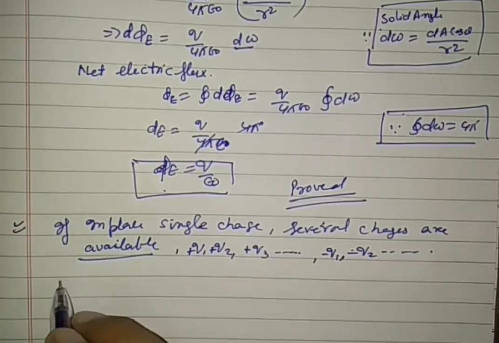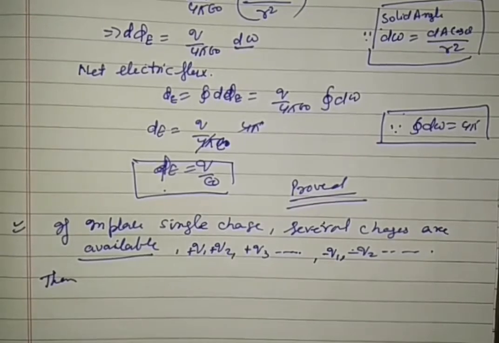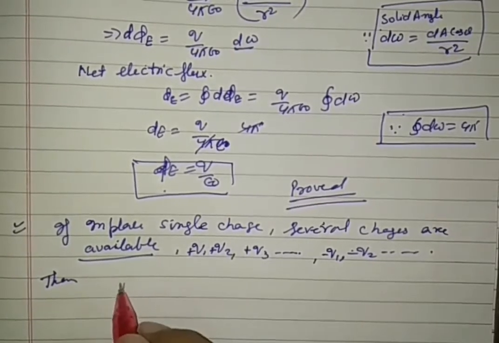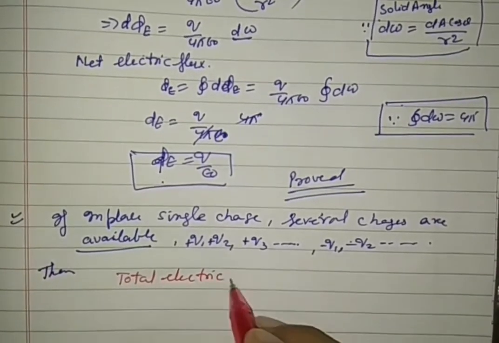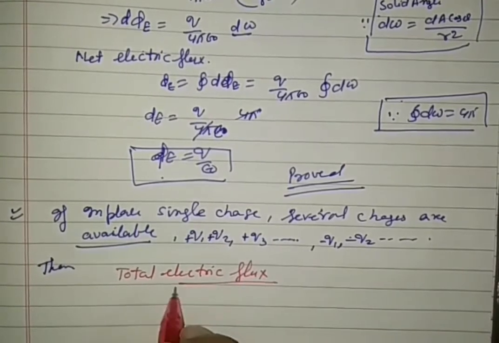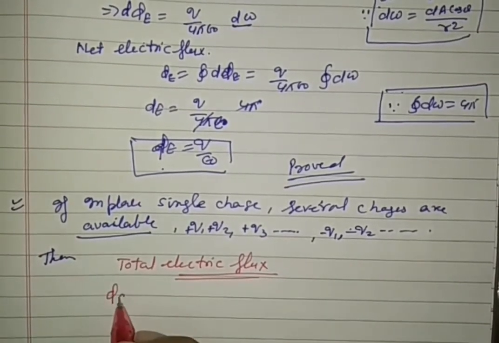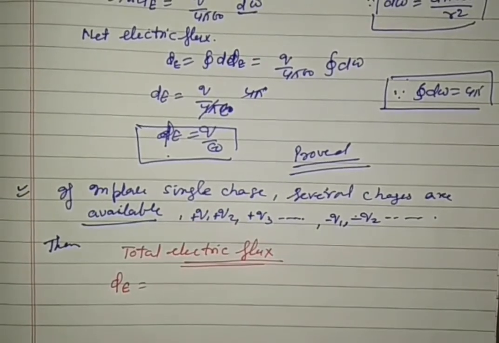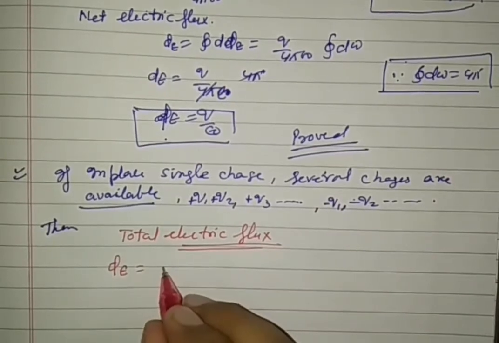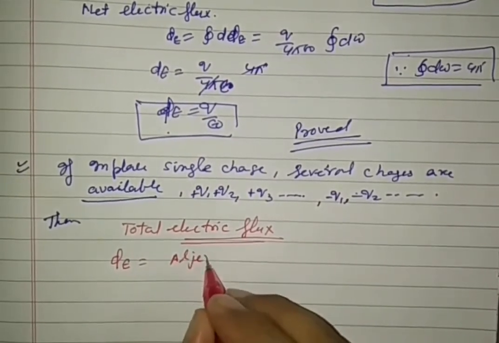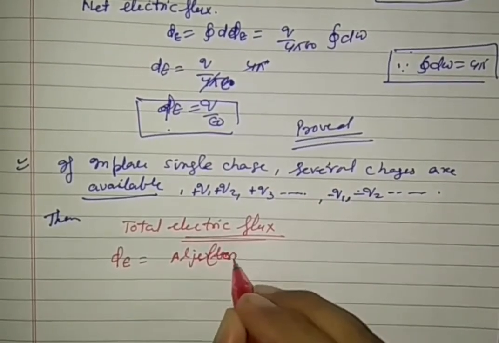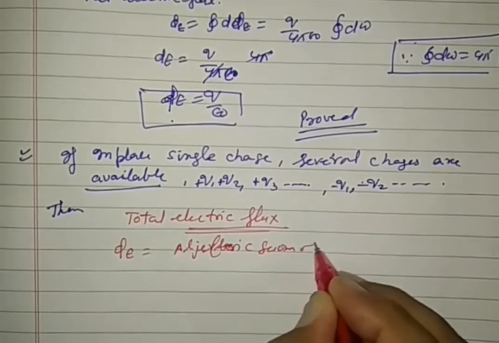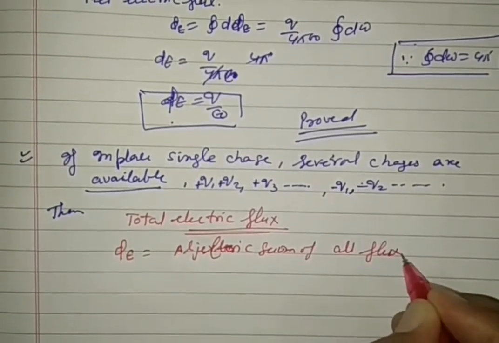For the total electric flux, phi E is the algebraic sum of all fluxes.